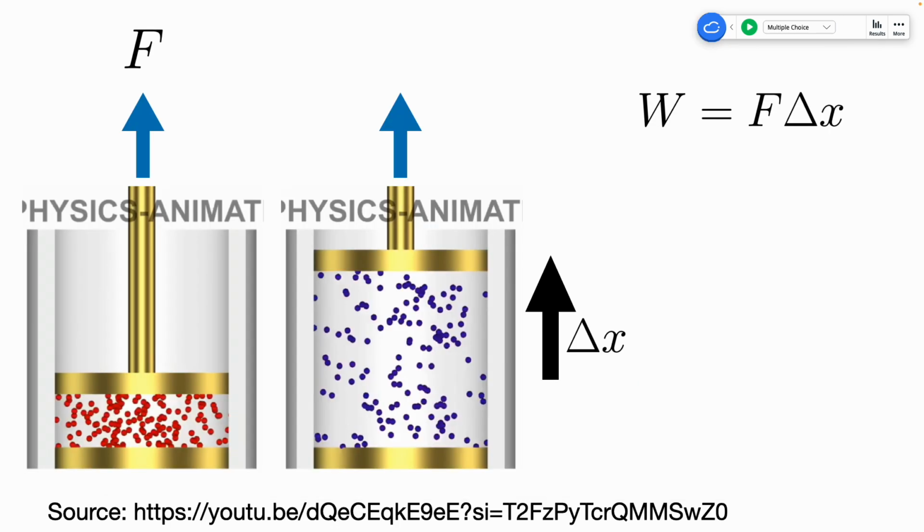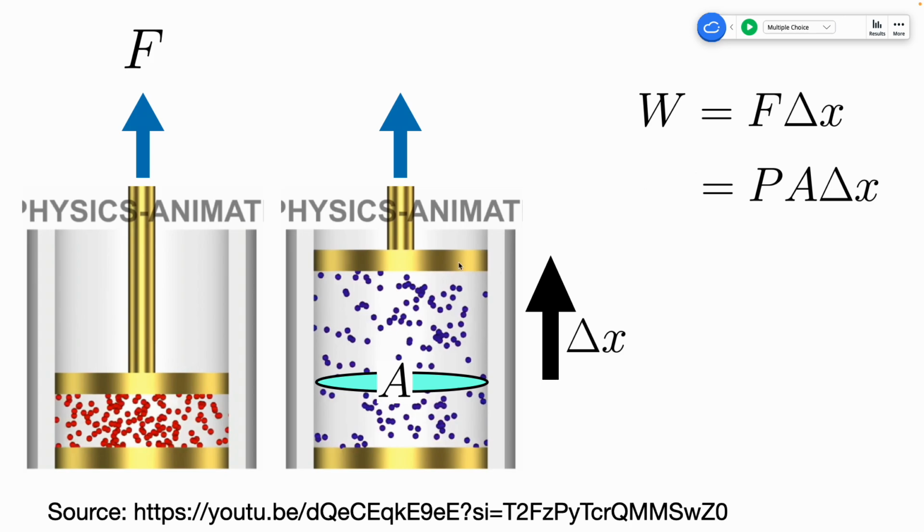How exactly do we calculate this work? Well, in 9A, you learn that work is force times displacement. So you have this formula, F times delta X. In this case, we know the delta X of the piston is from down here to up here, but we don't usually talk about force for a gas. We talk about pressure. To convert them, we learn that pressure is force divided by area.